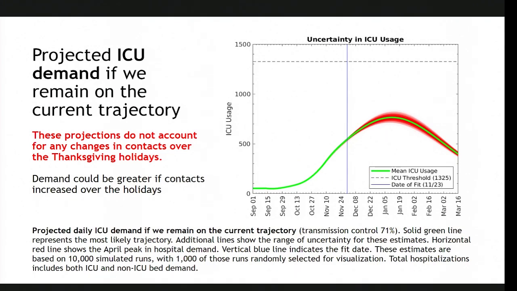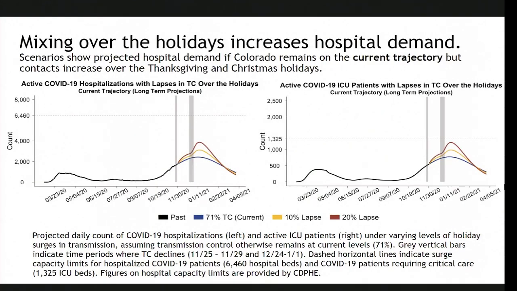Now, in the next, we've tried to think about and project what could happen with the holidays. So here we have a thin gray band on the left side corresponding to 4 days at the Thanksgiving holiday, and then a thicker one on the right side corresponding to December 24th through January 1st.